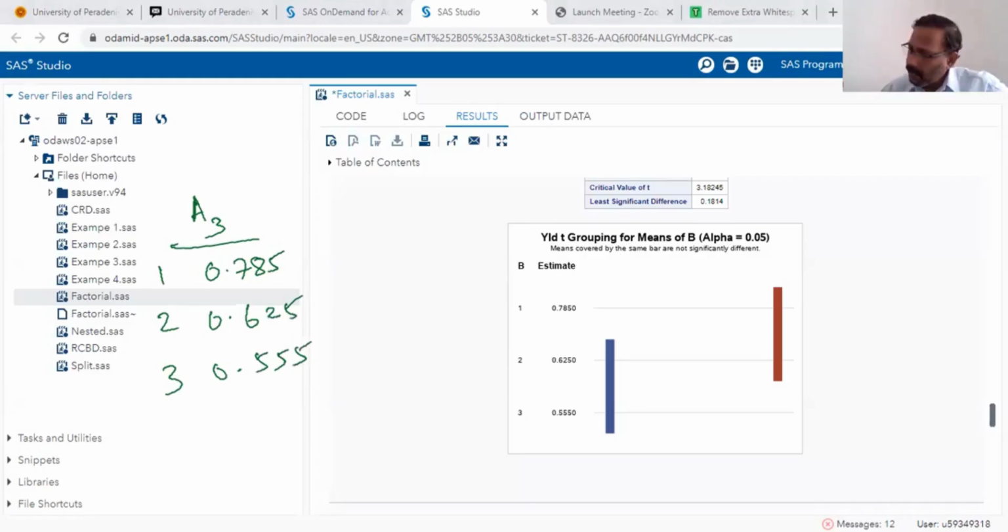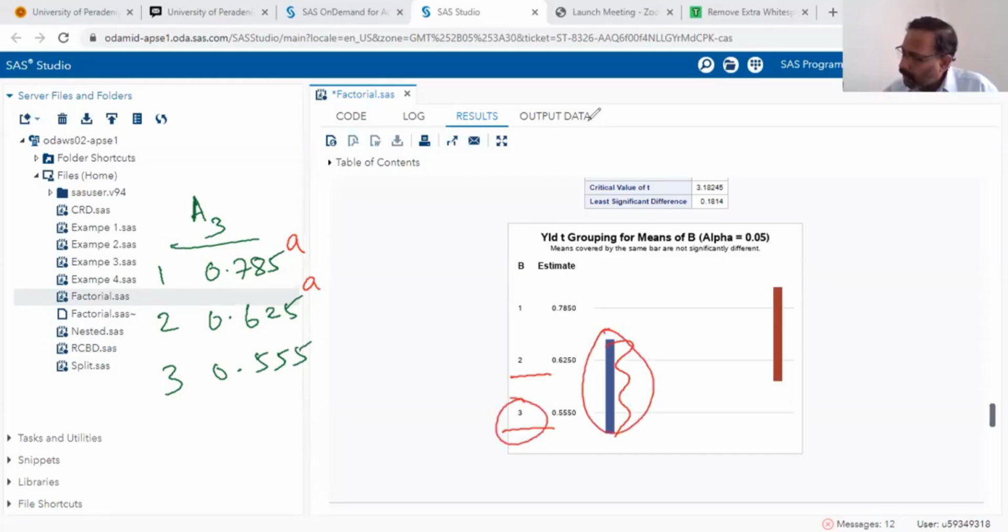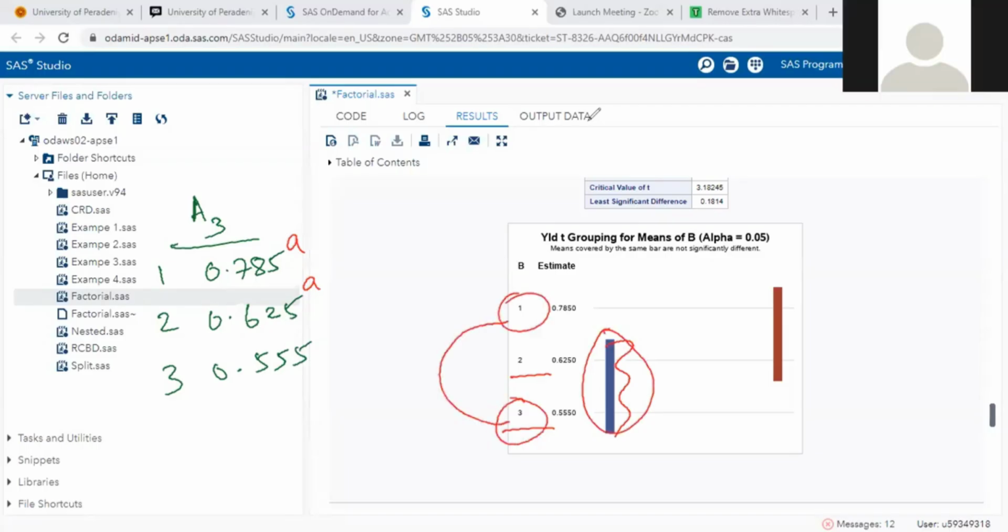First and second, they are same. What about second and third? That is also same. But what about first and third? That is different.